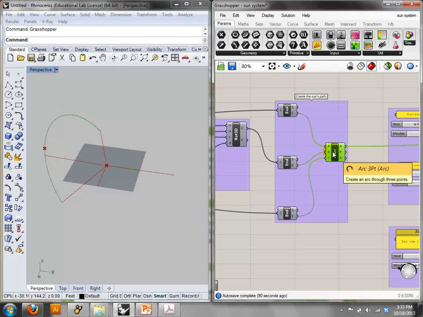The other thing I have to do is figure out where the sun is along that path. I've got the path of the sun, but I have to know where the sun is. That's kind of tricky, because it's a length of time that changes depending on what day it is. If I want to know where the sun is at noon, that might be pretty easy, because maybe it's 50% of the way along that line.